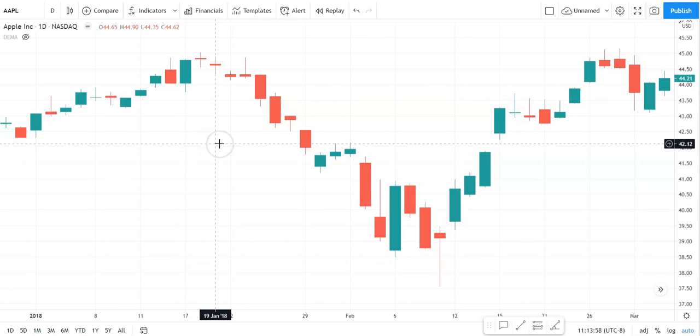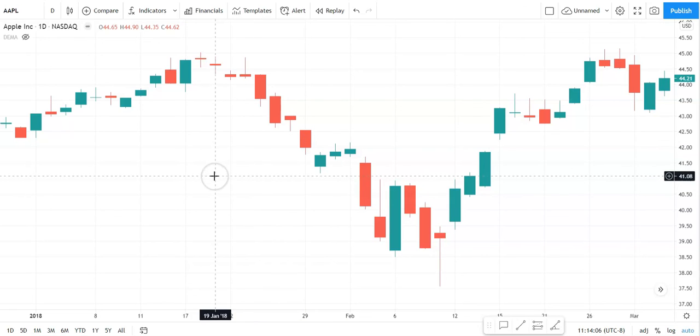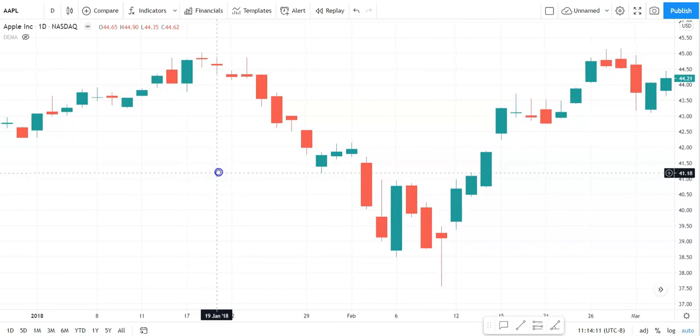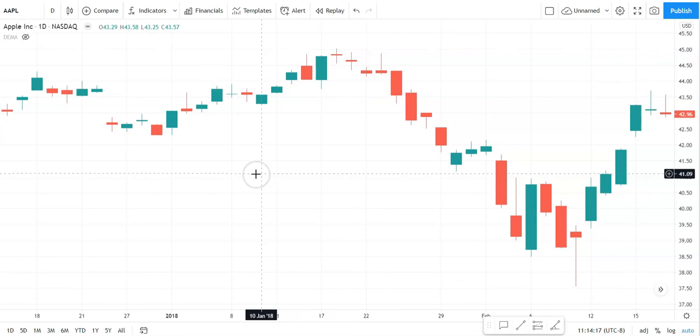Candlesticks are very, very powerful. There's lots of different candlestick patterns to learn. I think it's very important to just focus on the ones that work the best. And the ones are what I described. Just look for long upper wicks and long lower wicks. And they could be either color.